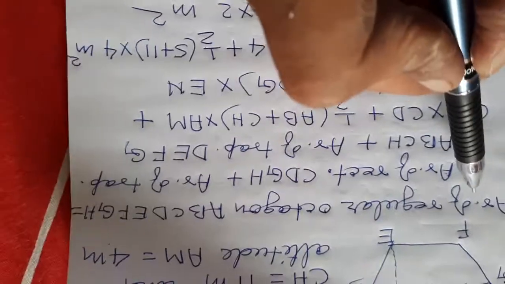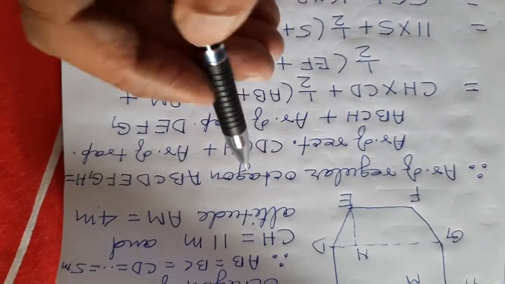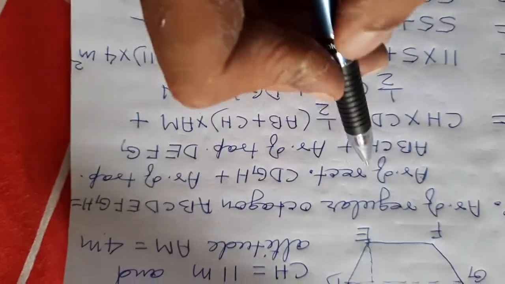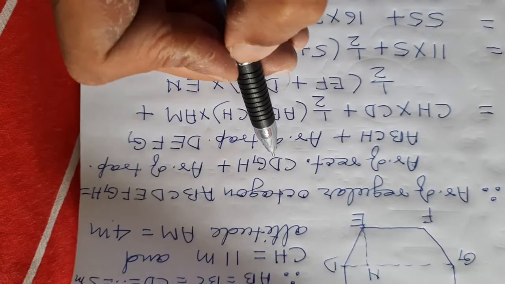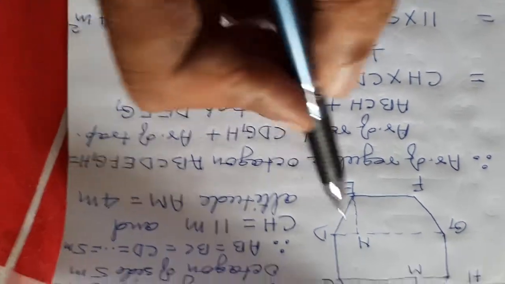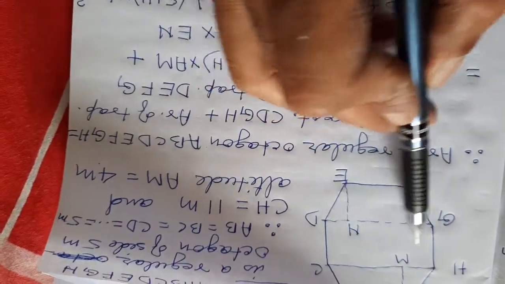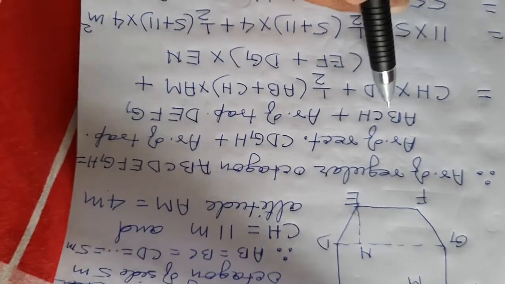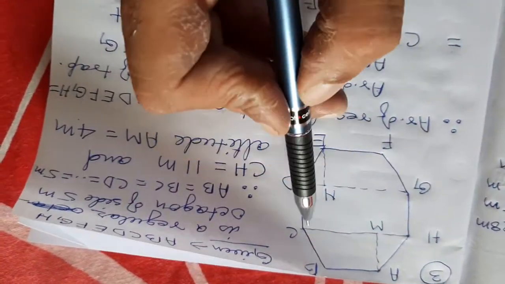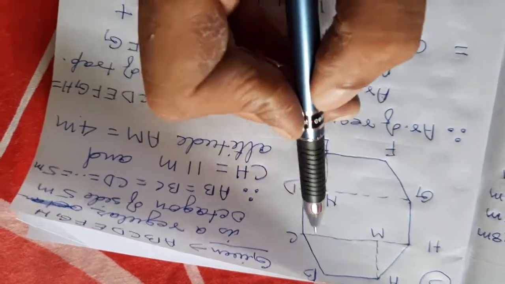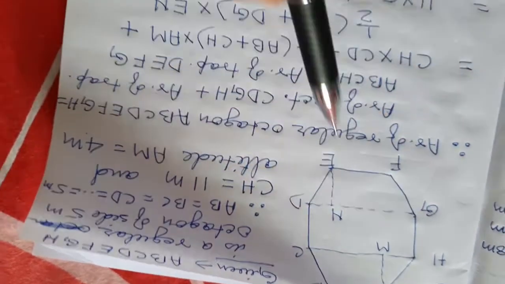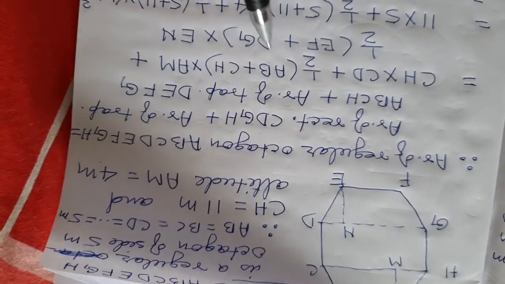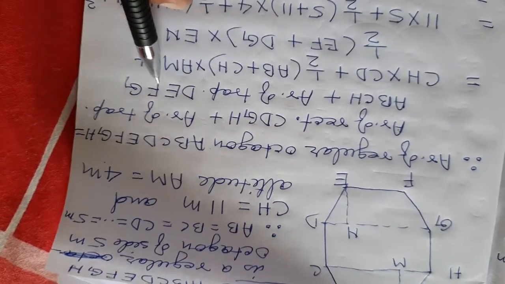The area of a regular octagon ABCDEFGH is equal to the area of rectangle CDGH, plus the area of trapezium ABCH, plus the area of trapezium DEFG.